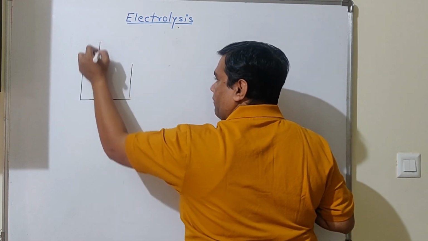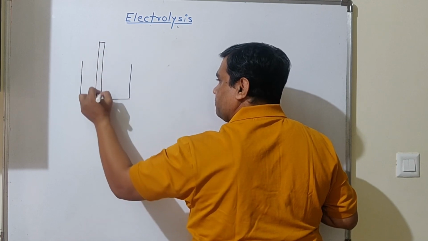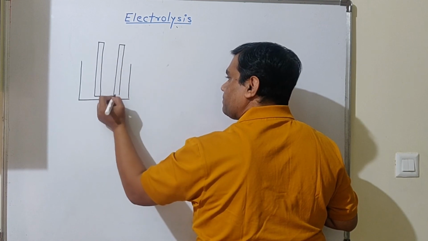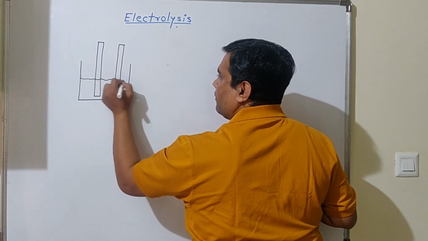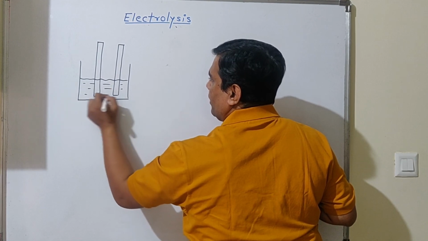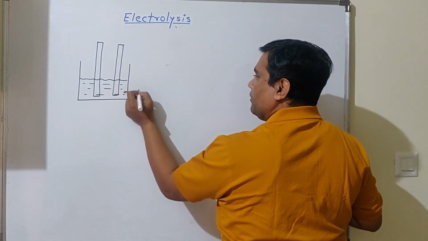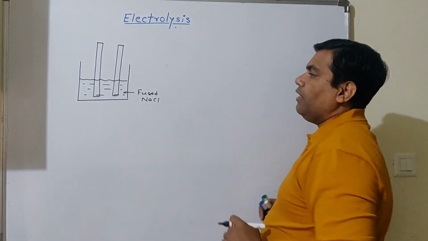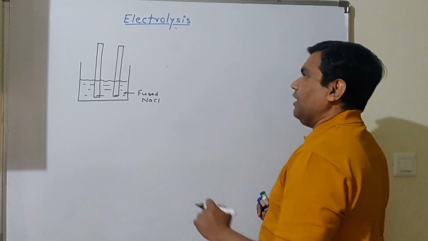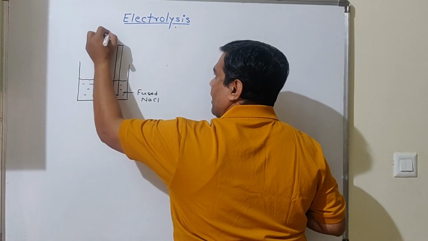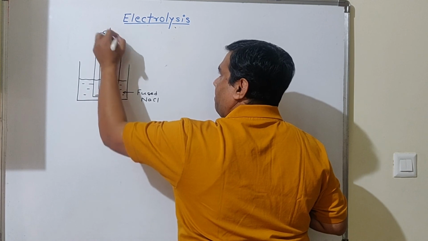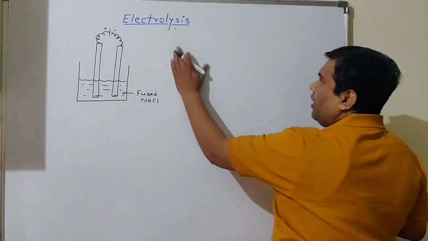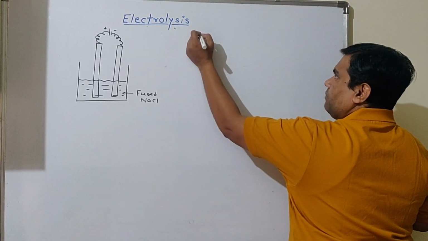Let's say we have a vessel, we have two platinum electrodes, and we are using fused NaCl as the electrolyte. Here is our battery.